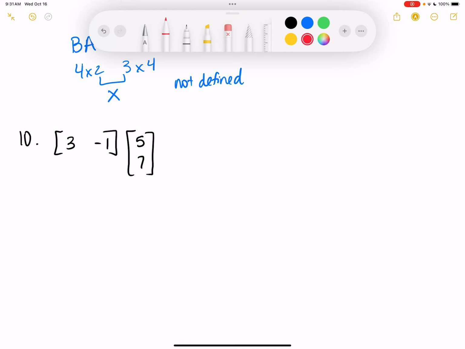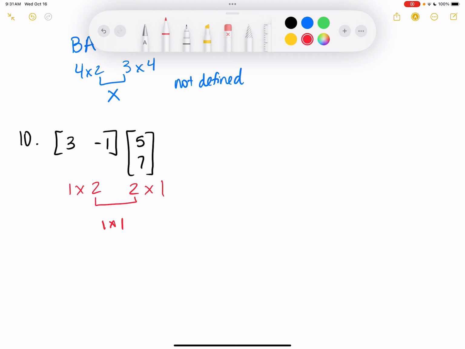What are the dimensions of this first one? 1 by 2, rows then columns. What's the dimensions of this one? 2 by 1, rows then columns. So these match, which means my result is a 1 by 1.